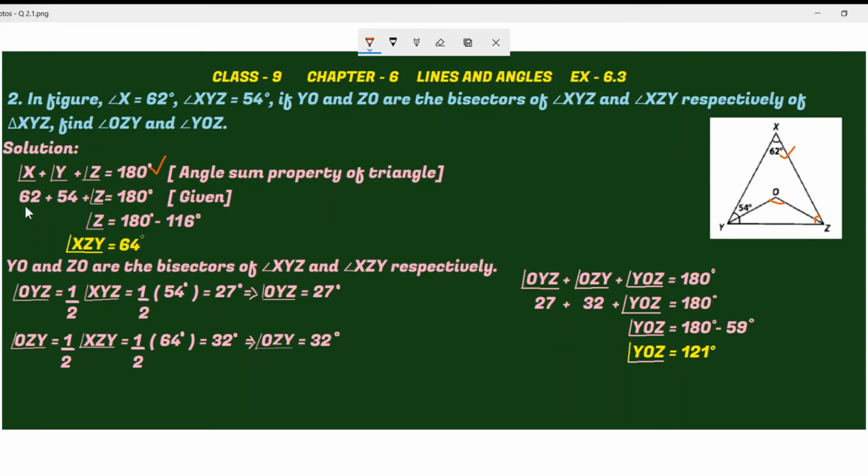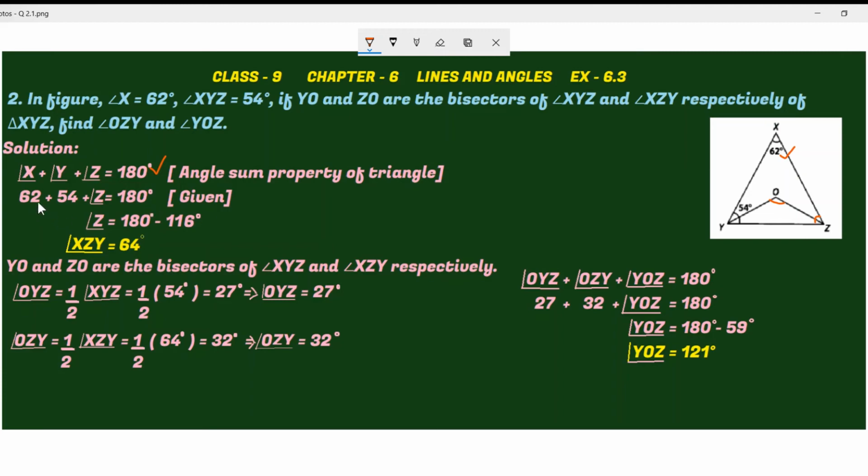X and Y are given in the question, 62 and 54 respectively. So I substitute the values of X and Y in this equation. I get 62 plus 54 plus angle Z equals 180 degrees.